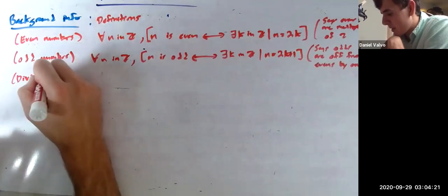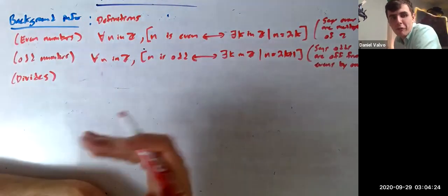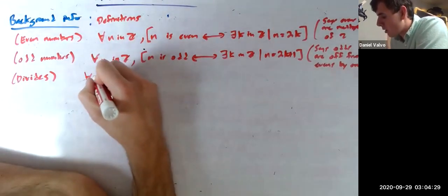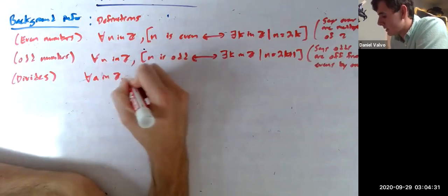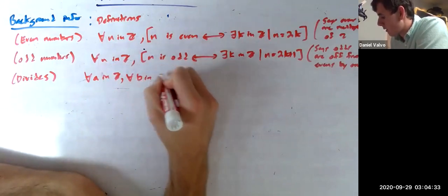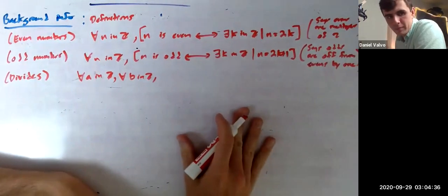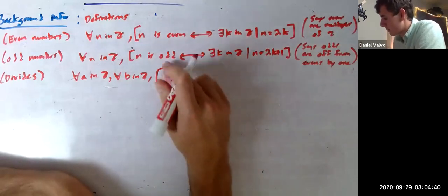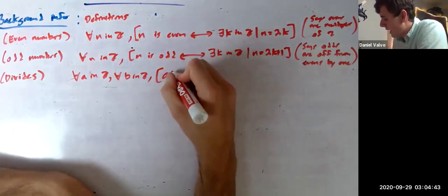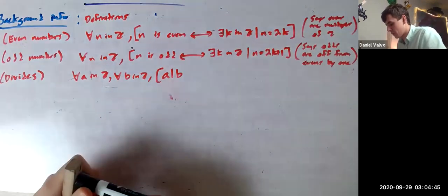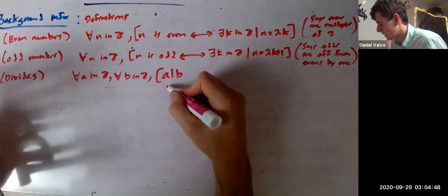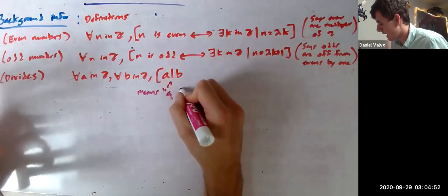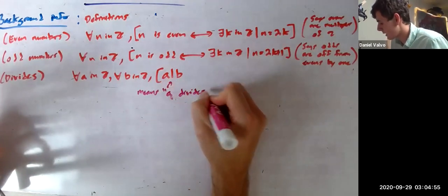Now we're going to define what it means for one number to divide another number. This is going to be the divide symbol. So for all a in Z, and for all b in Z, we say a divides b like that with a vertical bar. The way you'd say it is a divides b.